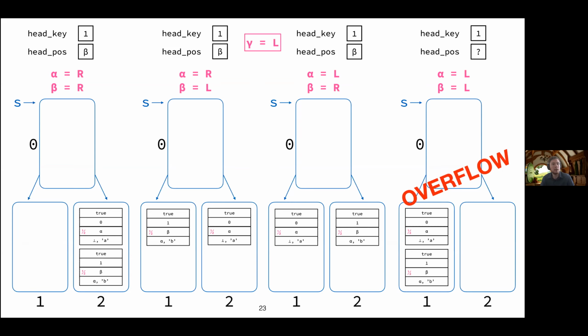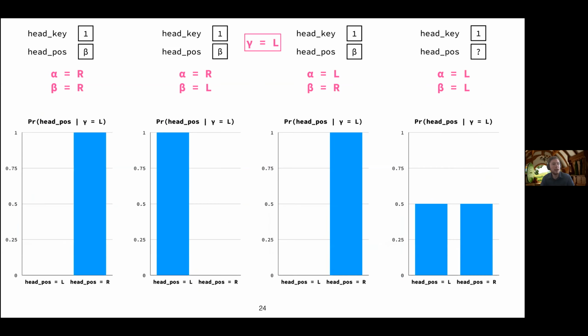Okay, so now if we look at the distributions induced by each of these configurations of the head position, notice that in all 3 of these distributions, the head position is completely determined by beta, meaning that in this configuration, the head position is always going to be R, and this one it's always going to be L, and this one is always going to be R. But in this configuration, we get a 50-50 shot at it.